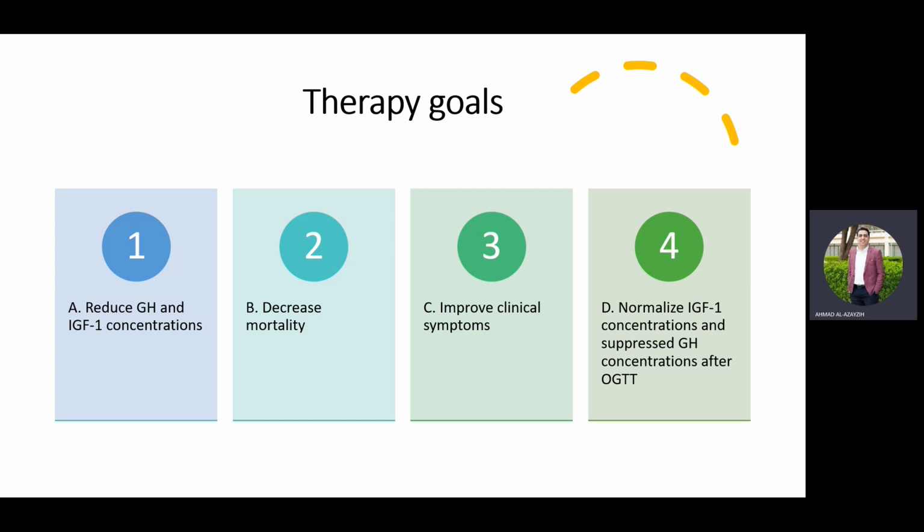So we use a more stable form. We call it insulin like growth factor 1, and it should be normalized if you start treatment of these patients. Also, you need to decrease the mortality. Of course, acromegaly could be associated with cardiovascular complications, as we have seen earlier. So you need to decrease mortality by treating or controlling the symptoms of such disease.